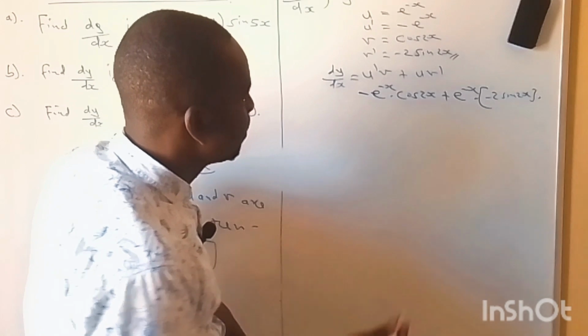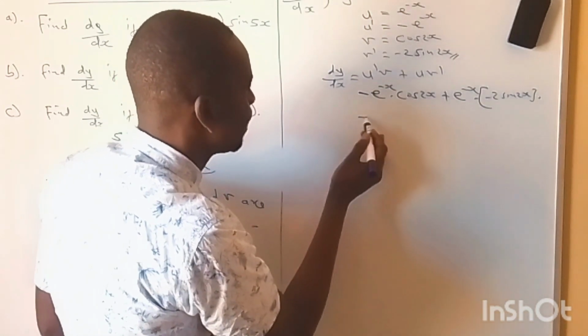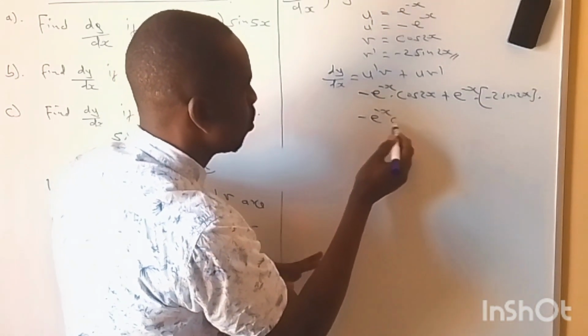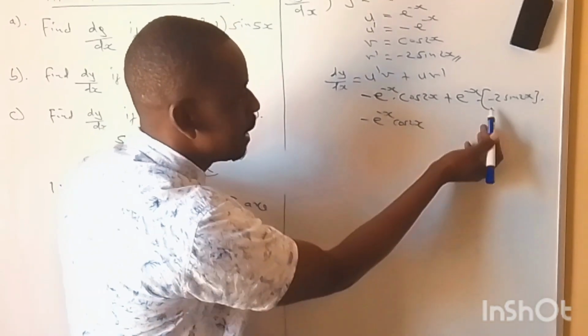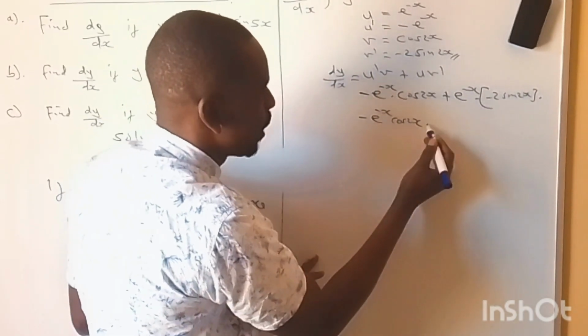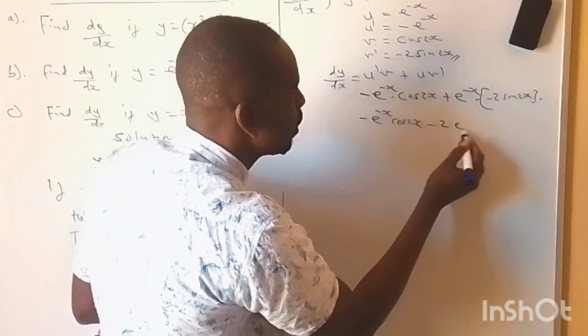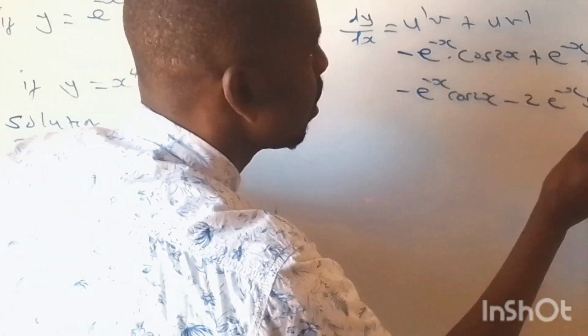So when we do some simplification here, we have negative e raised to negative x cosine of 2x, and then negative 2 e raised to negative x sine of 2x.